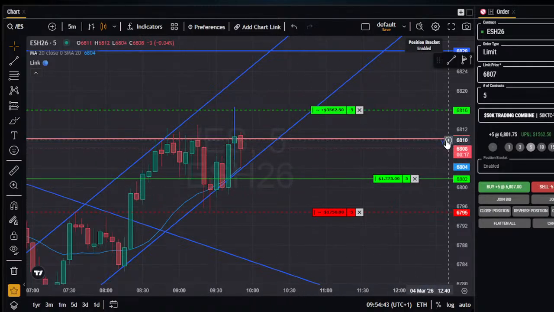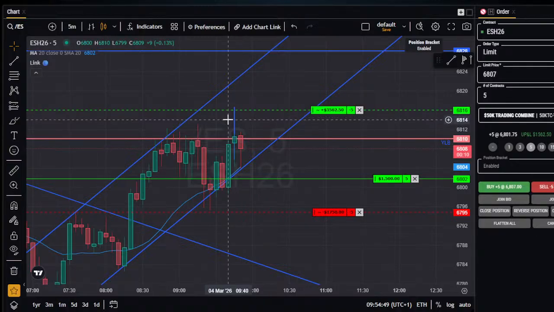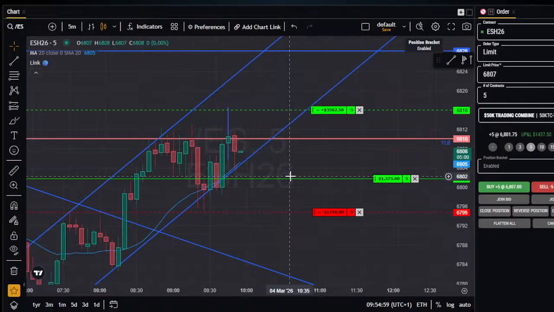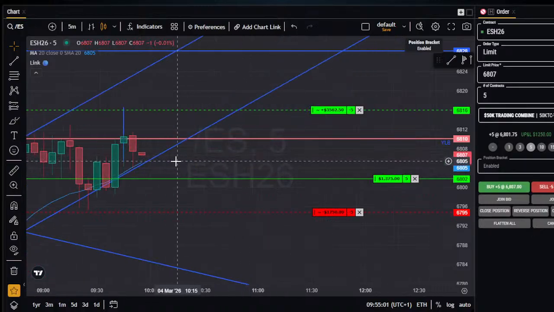and there is resistance, but it's an area of resistance. This doesn't mean that this trade has to fail at resistance.